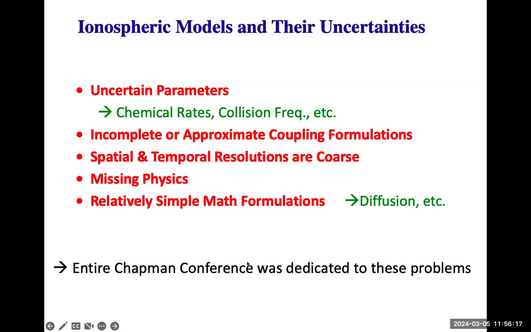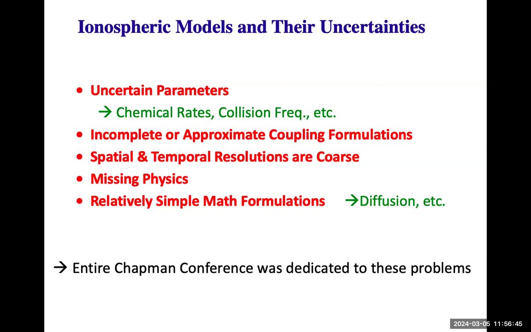Yeah, so the ionospheric models differ by uncertain parameters. They use different chemical rates, different collision frequencies. They use different coupling formulations, or incomplete or approximate coupling formulations. They have different resolutions. They have some missing physics, and there are even some simple math formulations included, for example, in the lower part of the ionosphere.